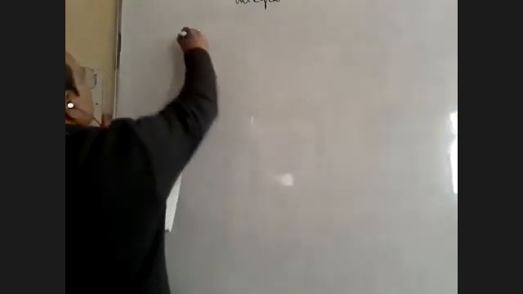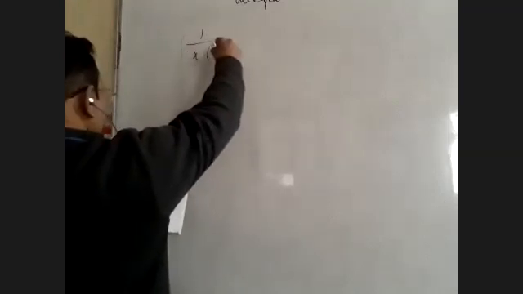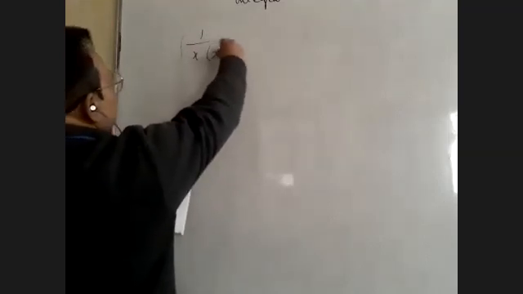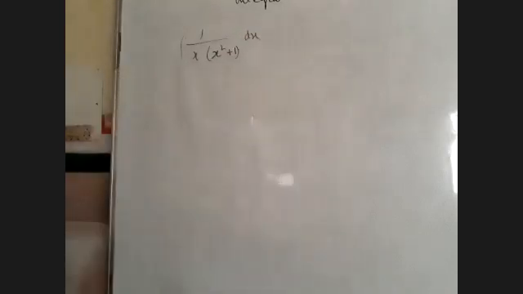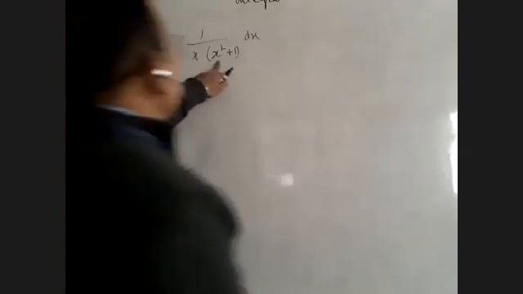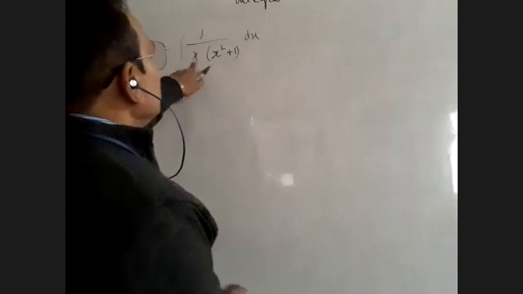This one is 1 upon x into x square plus 1. This type of question you have done earlier also. I am just telling you if you have not done it earlier. This is the quadratic polynomial, this is the linear polynomial.